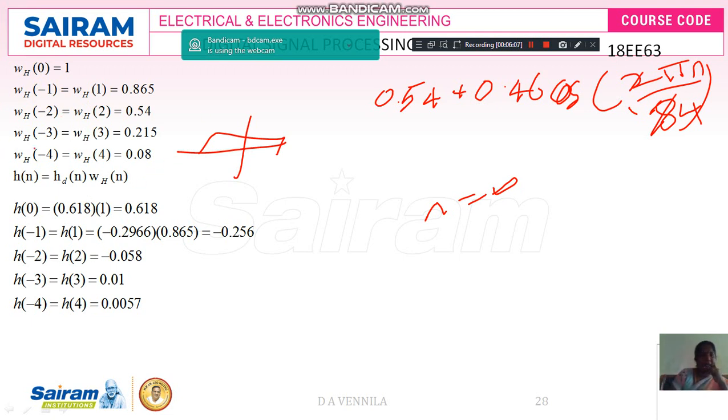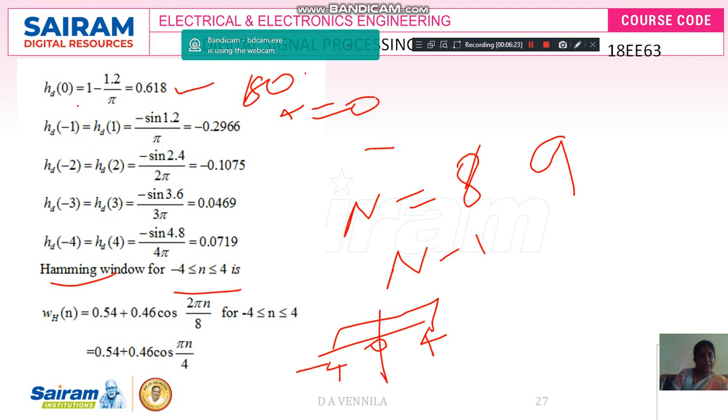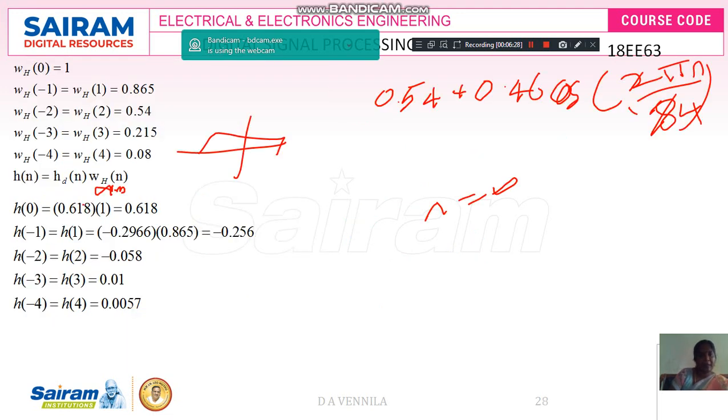Next, coming to h of n. h of n will be hd of n times w of n, the Hamming window. Hd of 0 is 0.618 multiplied with w of 0, which is 1.